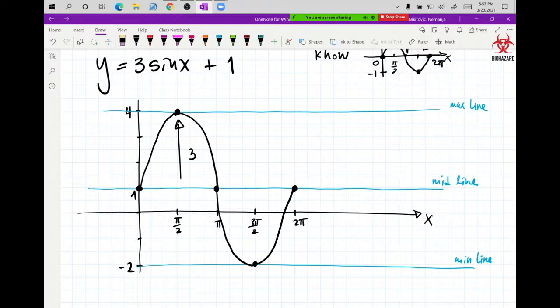So that's also good. I did not change anything regarding period. I did not shift this left or right because those have to be done directly on x. So that's why I have the basic divisions of 0, pi over 2, pi, 3 pi over 2, and 2 pi. Can you draw another one?